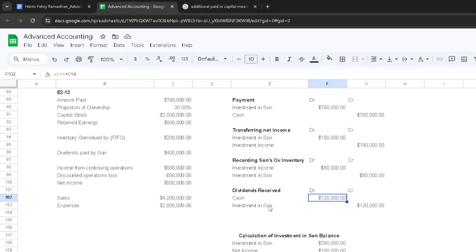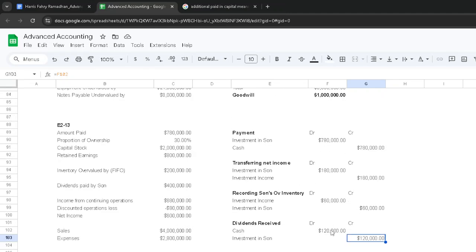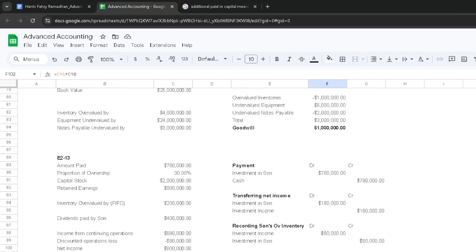And we want to debit the cash and credit the investment in Sun, because here we're actually using the equity method. The way it works, in my opinion, is that when you receive dividends, you're converting your investment into cash. So it moves from one asset account to another asset account. And so here, we're reducing this account and adding the cash account.